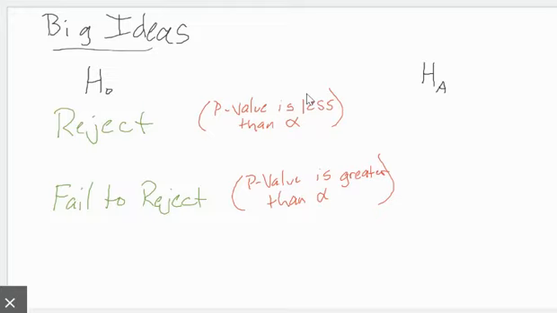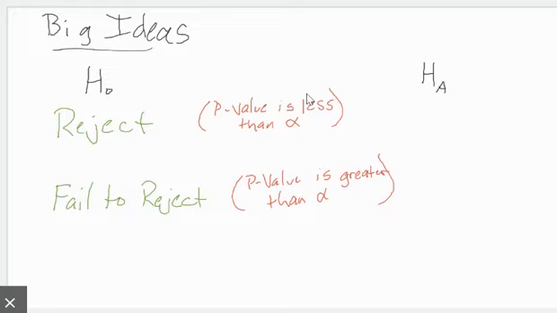What about the alternative? Well, what you do with the alternative depends on what your evidence tells you. So if I end up rejecting the null hypothesis because the p-value is statistically significant, what we see about the alternative is this.